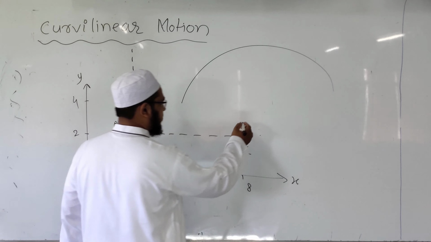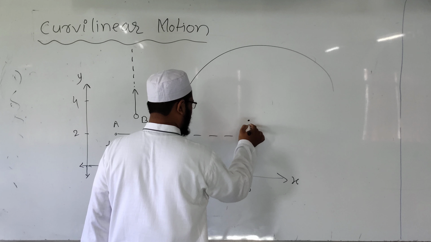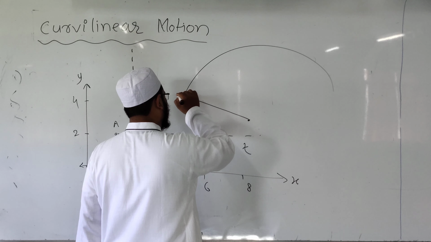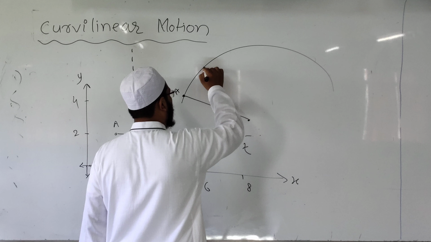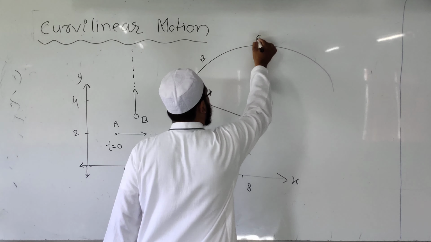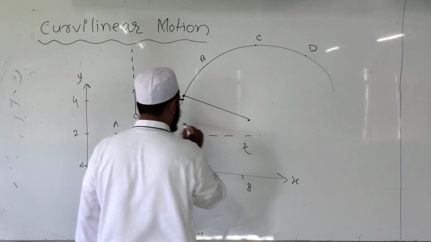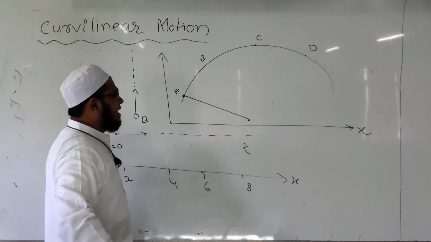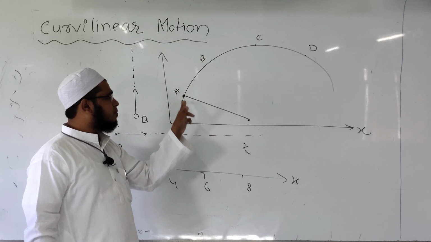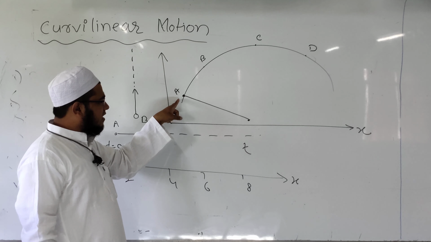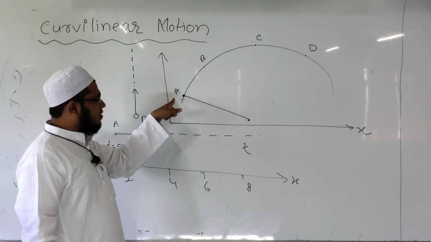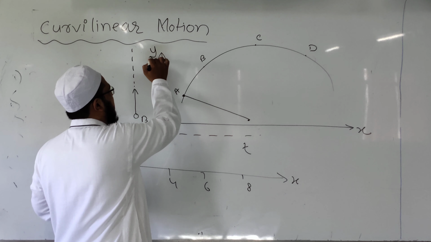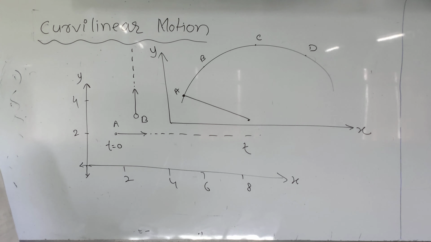In curvilinear motion, assume that this is the center of curvature of the path about which the particle is moving from position A, B, C, D. And if we decide the axes X and Y, then you can see from the motion of this particle that for each time frame, both coordinates X and Y are changing.